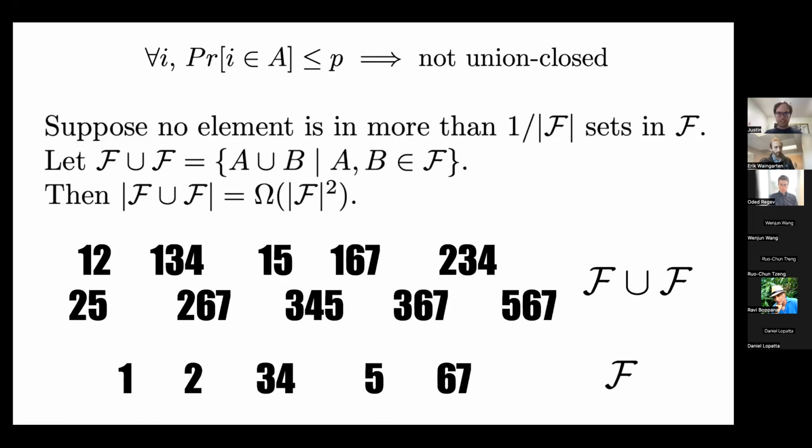There's 10 sets I've written here. You could include the diagonal terms like the set 1, 2, but for this purpose we just think about A and B distinct. But anyway, the point is you start with a very sparse family, you take all pairwise unions, and you get many more sets than you started with. Okay, so that's an observation.